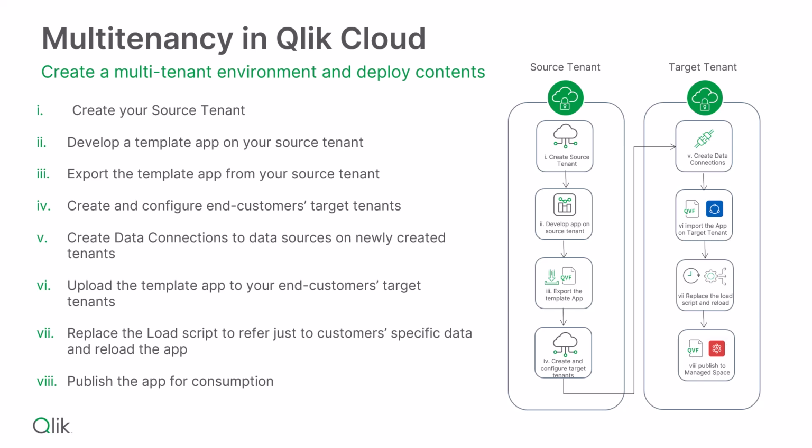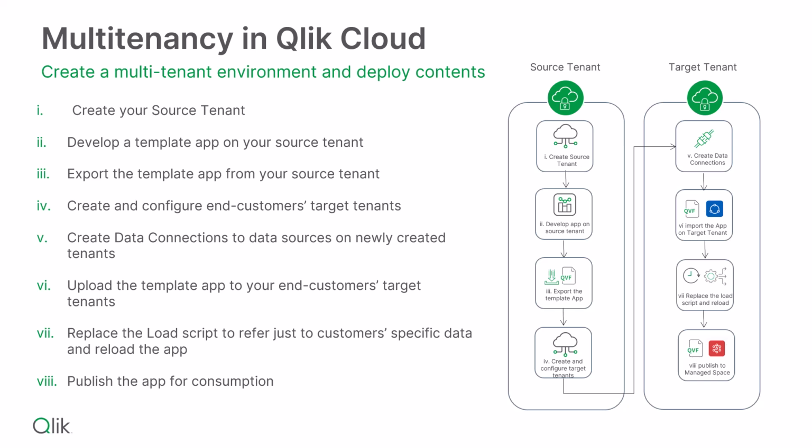Then, of course, we can use Qlik Application Automation to create the end customer's target tenant, and to create and configure these target tenants with the users, configuring the IDPs, and so on and so forth.